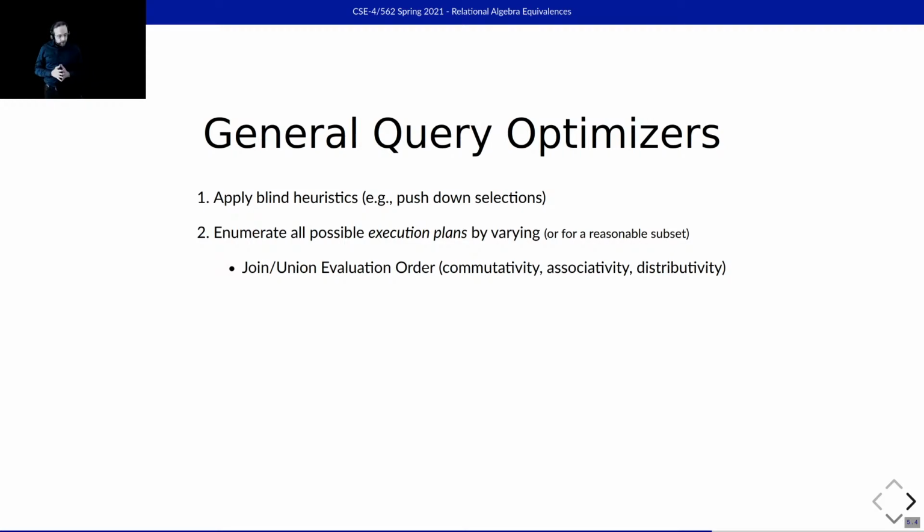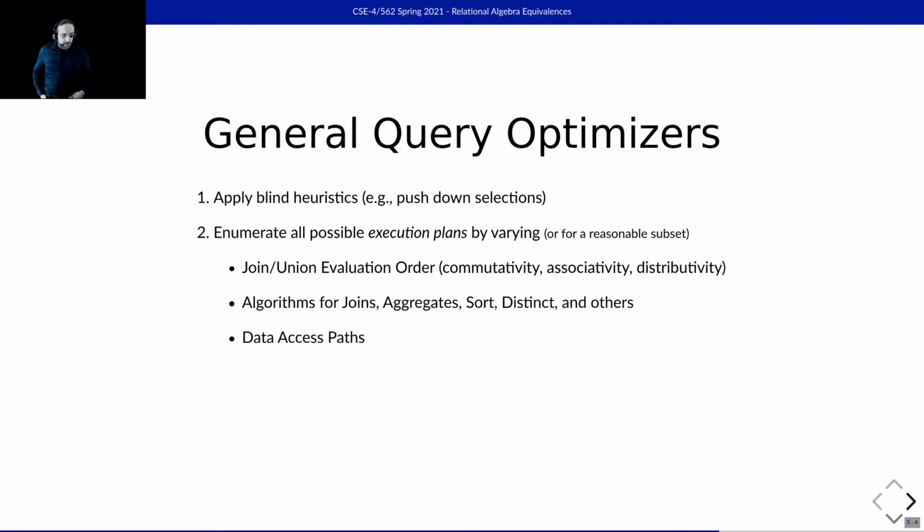The number of these orders grows combinatorially in the number of joins and unions, actually exponential in the number of unions. So there may be a very large number of these. So typically what an optimizer will do is pick some subset of them. And there's various tricks for doing this. We'll talk about that a little bit later when we talk about optimization.